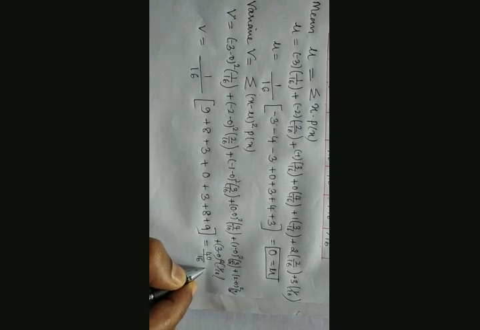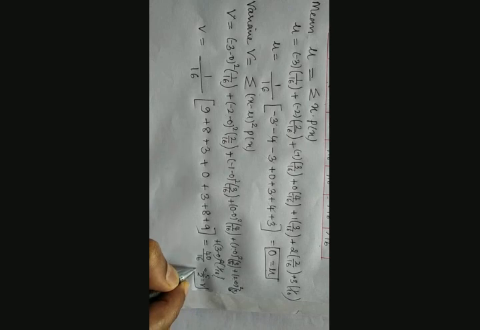Therefore this is equal to 40 divided by 16, which is nothing but 5 divided by 2. This is the value of variance.